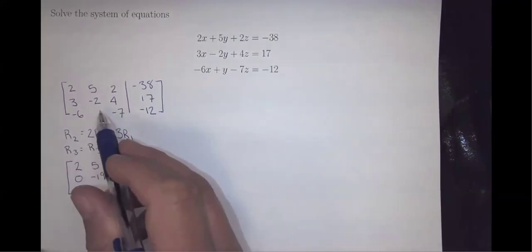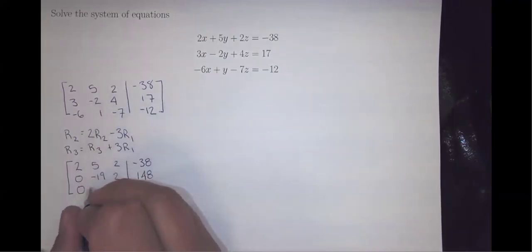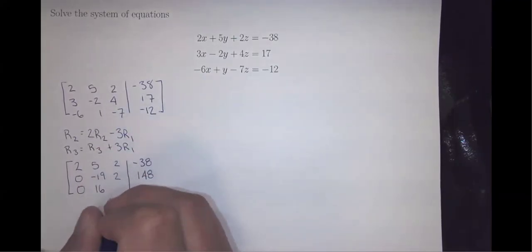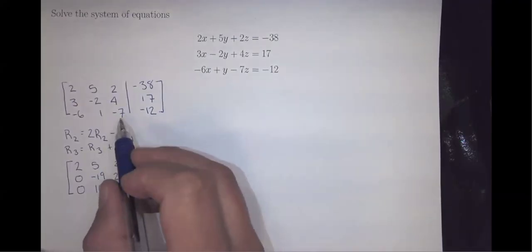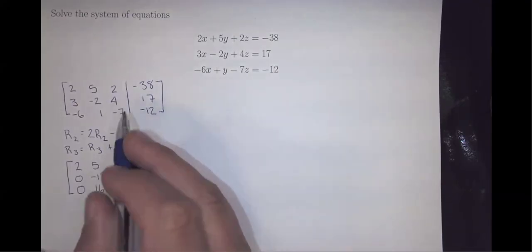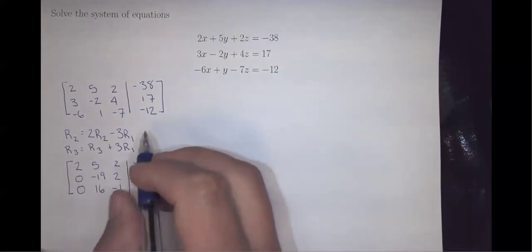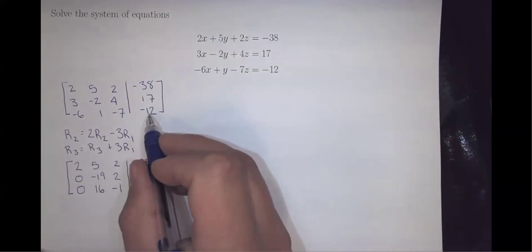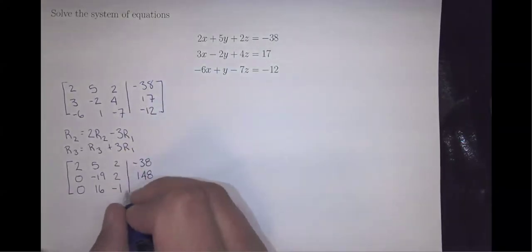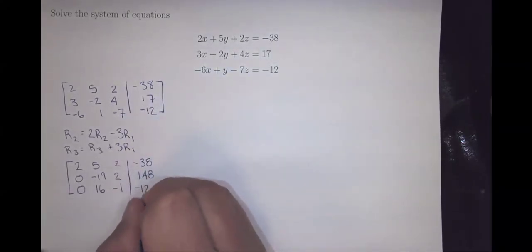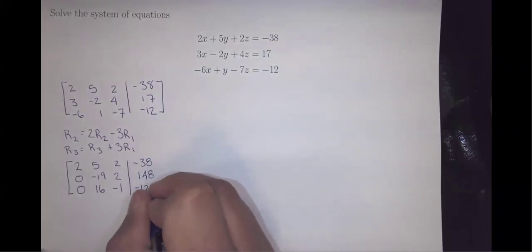I've got 1 plus 3 times 5 is 16. I have minus 7 plus 3 times 2 is minus 1. I have minus 12 plus 3 times minus 38 is negative 126.